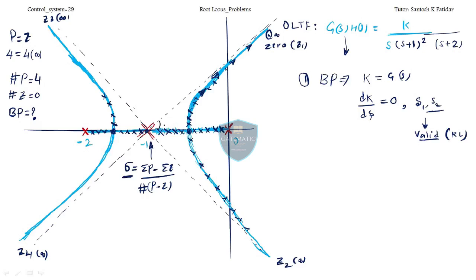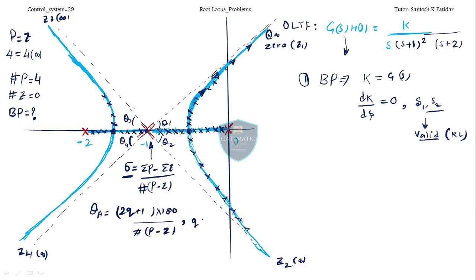Now we have angles also. This is theta 1, theta 2, theta 3 and theta 4. So I have to calculate these angles also. So angle of asymptote formula, if you remember, (2q plus 1) into 180 degrees divided by number of poles minus zeros. So this is the formula.